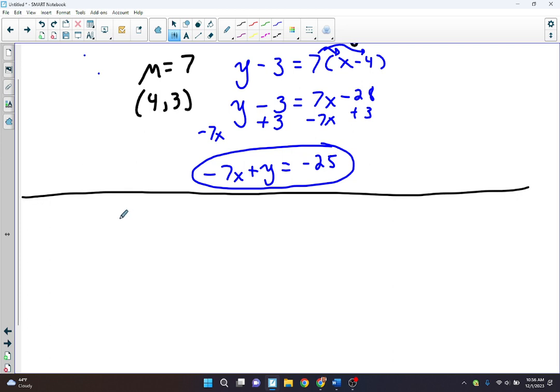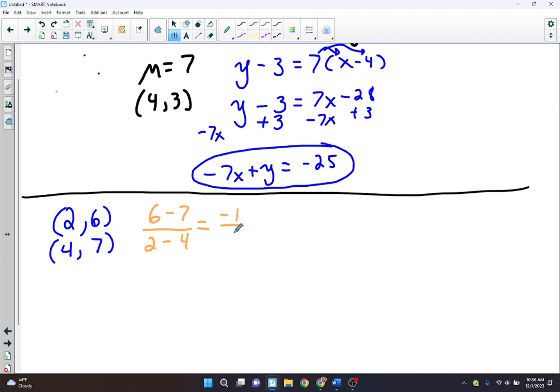Now, let's say I gave you it as a couple of points, let's say 2 comma 6, and let's do 4 comma 7. So again, we've got to make this into a slope. 6 minus 7 over 2 minus 4.